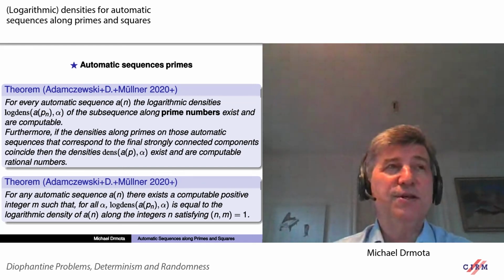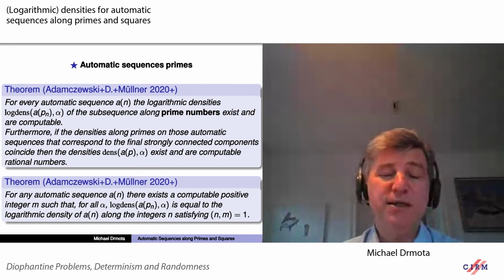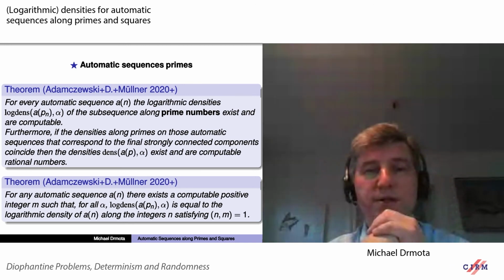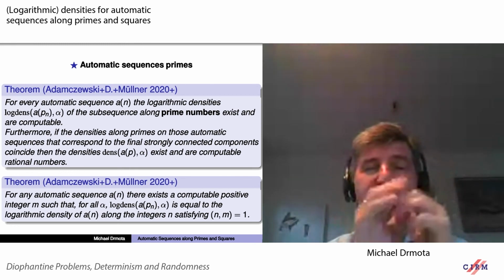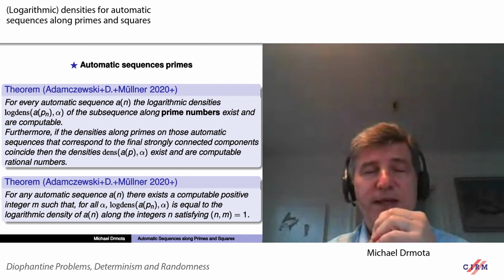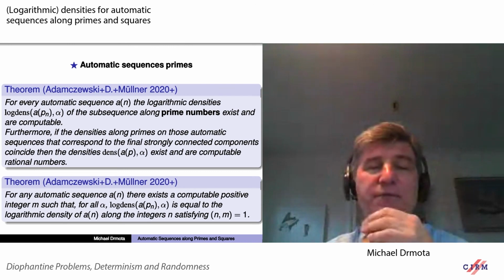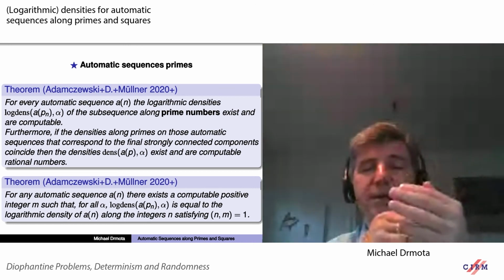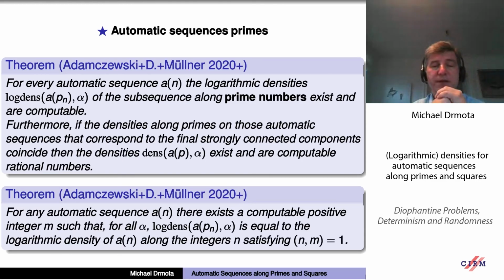Well, you have an automatic sequence, and this automatic sequence corresponds to a finite automaton. And this finite automaton has strongly connected components. And then you look at these strongly connected components and the automatic sequence related to the strongly connected components. And this special automatic sequence has these representations together with some synchronizing sequence, and a group valued sequence, capital T of n.